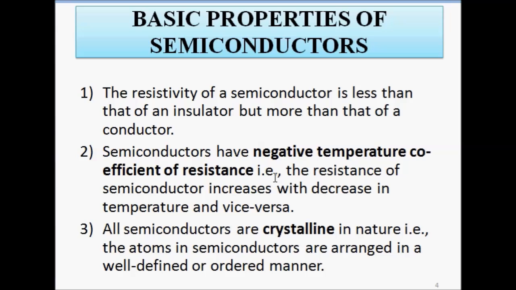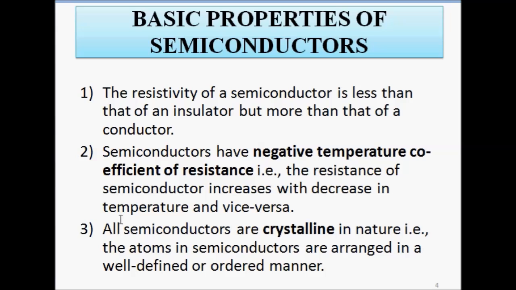As the surrounding temperature increases, the resistance of the semiconductor decreases, and as the surrounding temperature decreases, the resistance of the semiconductor increases. So it follows an inverse relationship between the semiconductor's internal resistance and the surrounding temperature.